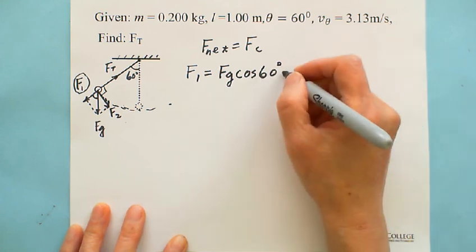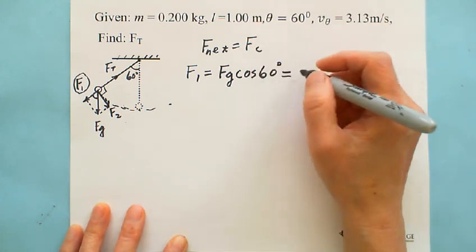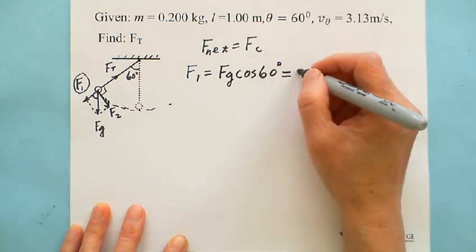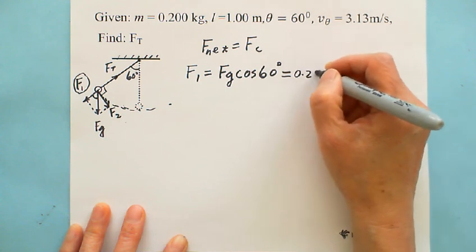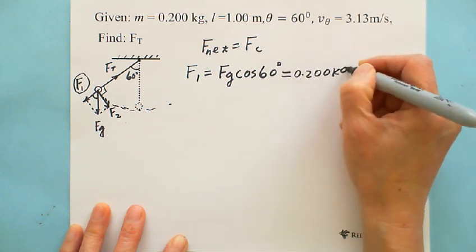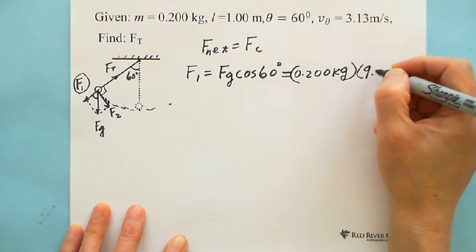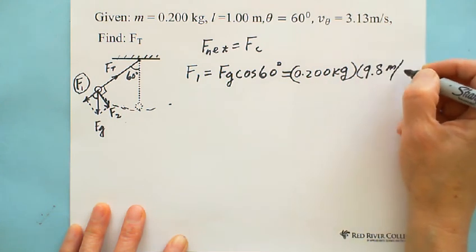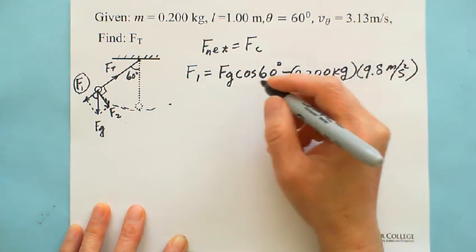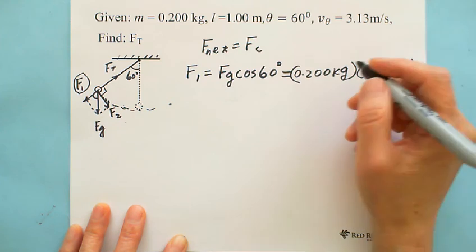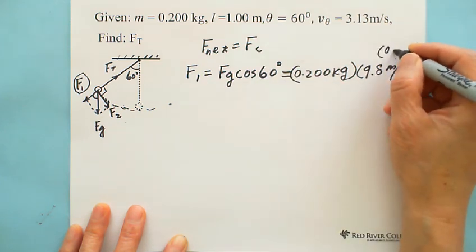Then mg is 0.200 kilogram multiplied by 9.8 meters per second squared, and cosine 60 is 0.5.